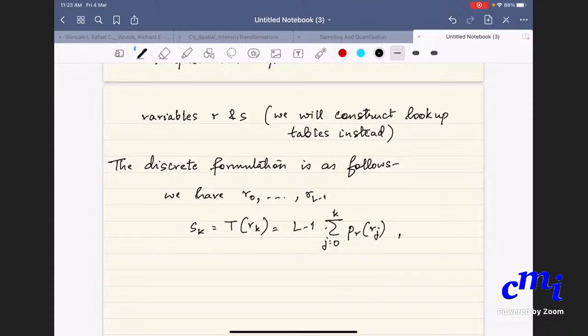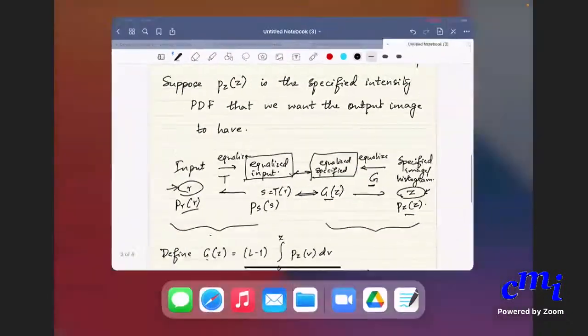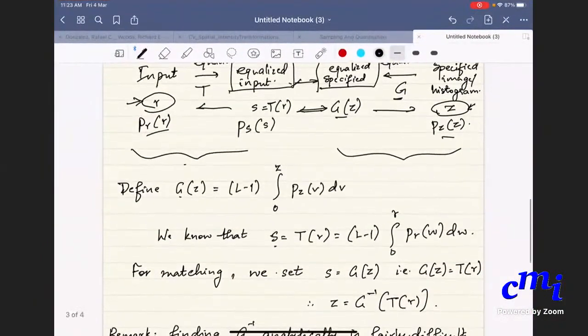And this formula holds good for all k from 0 to L minus 1. So this we know for Sk, and now we can define our G(zq). Remember G(z), since it's the equalization, was given by this formula, right?